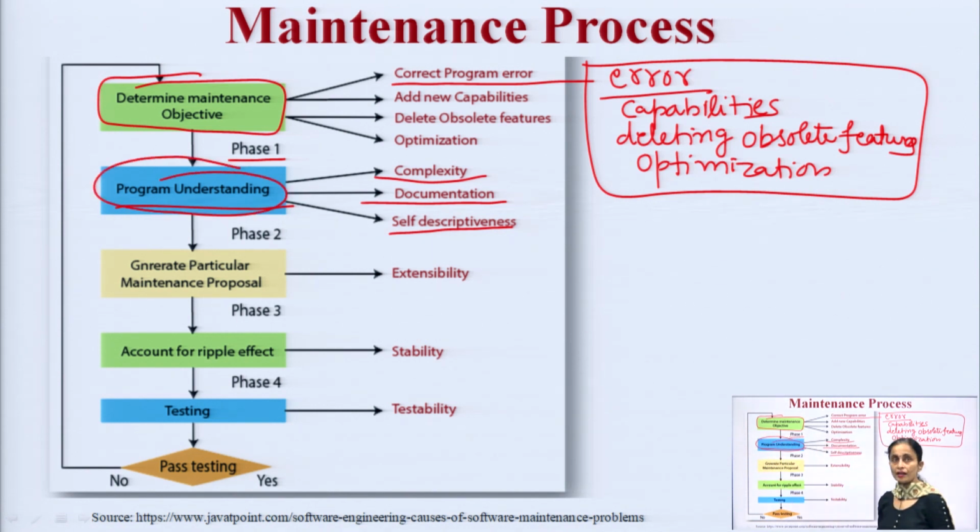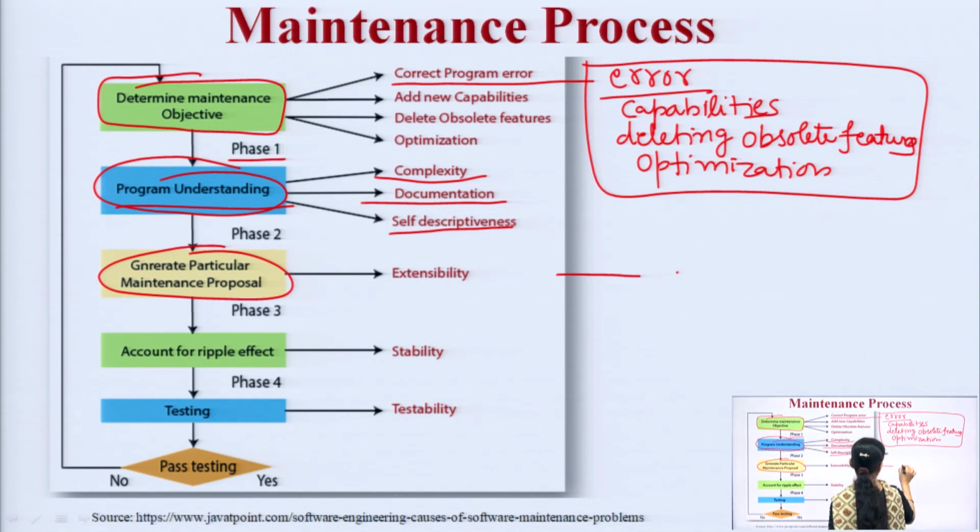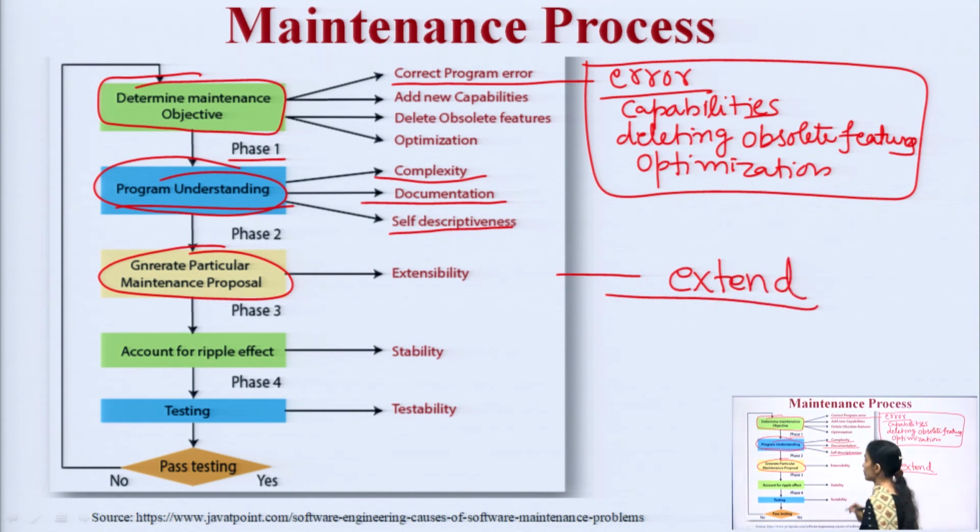Then after problem understanding, I am generating the particular maintenance proposal, means how I can extend my existing software. So, once I come to know about the extension after giving this maintenance proposal, I will take care of the ripple effect, that is how stable is my software.